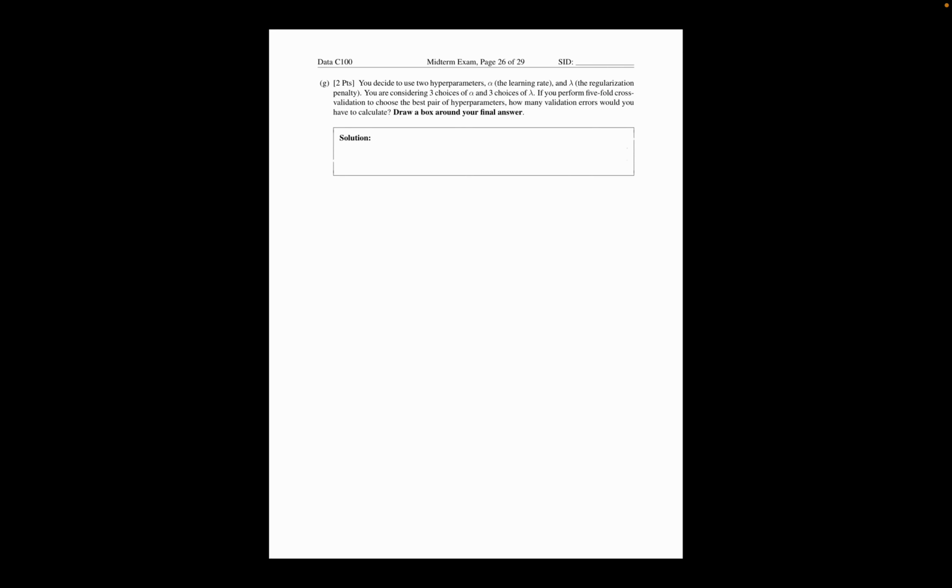So for G, you decide to use two hyperparameters, the learning rate and the regularization penalty. And you have 3 choices of the learning rate and 3 choices of lambda, or the regularization penalty. And we perform a 5-fold cross validation to choose the best pair of hyperparameters.